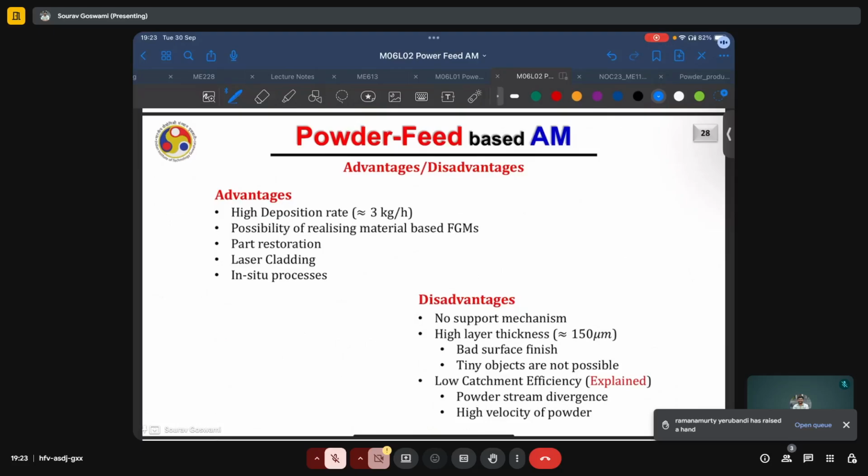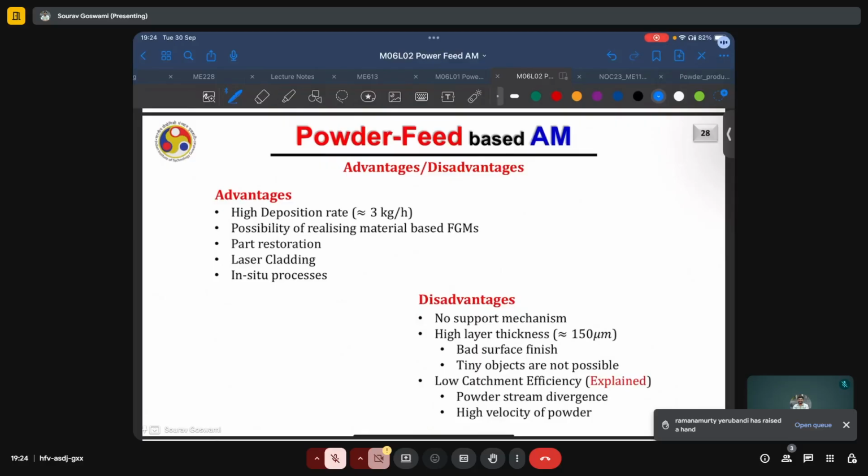For very specific combinations such as stainless steel and copper, the support structures made out of copper can be dissolved using concentrated nitric acid, but then it may not be possible for all other combinations of materials. And so the understatement is that support mechanisms are not really feasible using this technology.